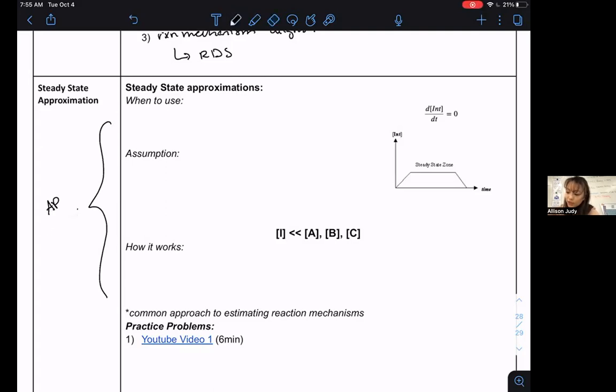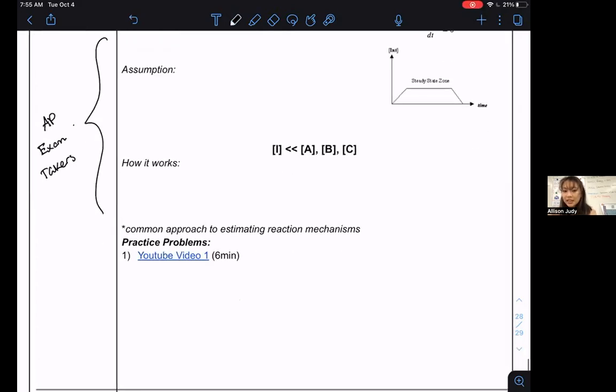you may want to watch a YouTube video that I have hyperlinked in the digital form, where it walks you through this process, because it's so similar to the other two in a way. It's like a mix of the two. And then I'm going to leave it at that, because honestly, it's not a super common AP question. It was mentioned in the AP manual as a subcategory thing that you should know about.